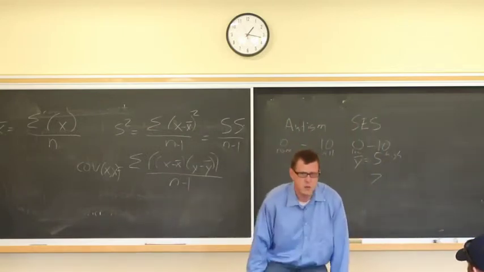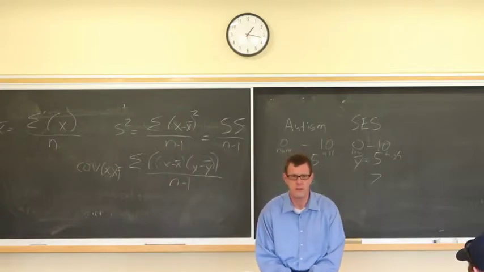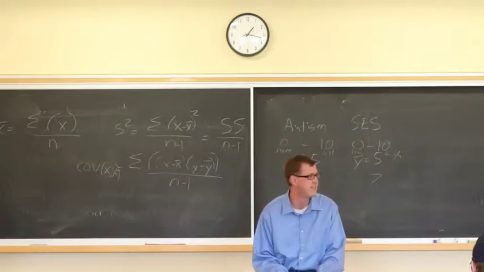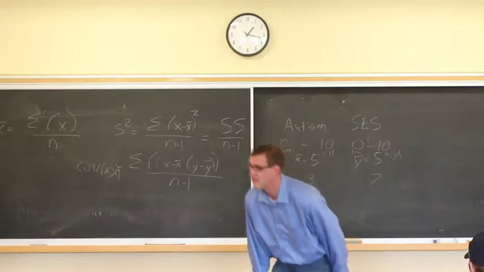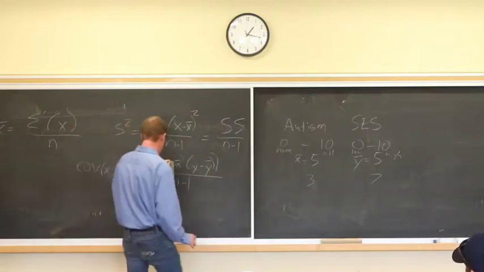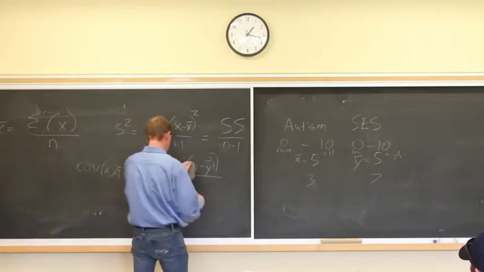So which is it? What's the alternative? If that's not the formula, what could we use instead? Is that the wrong formula? I'm not saying yet. I want to know what the alternative is. X minus y times x minus y. So maybe we could do x minus y.